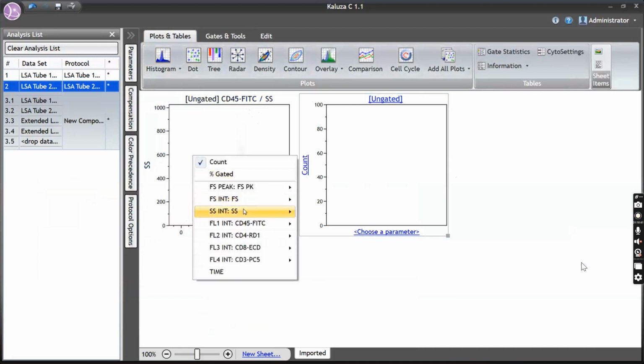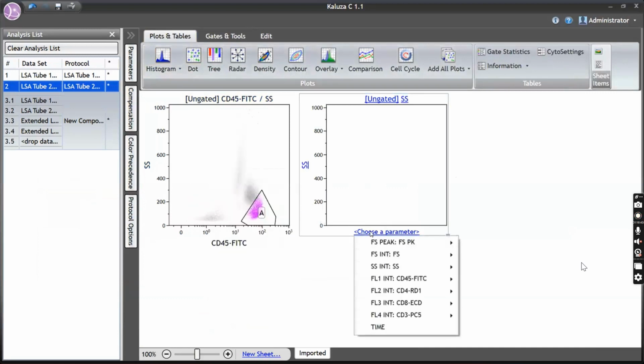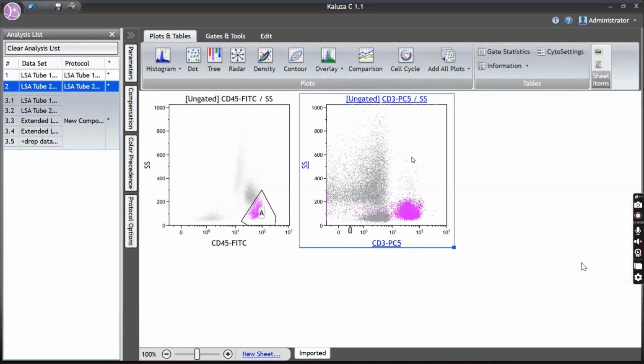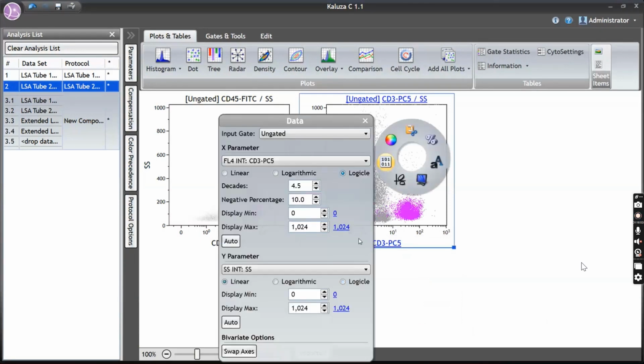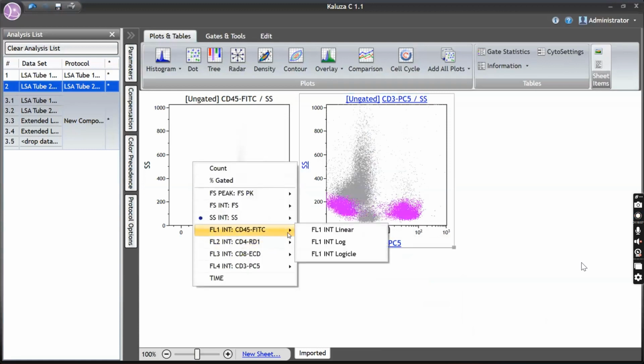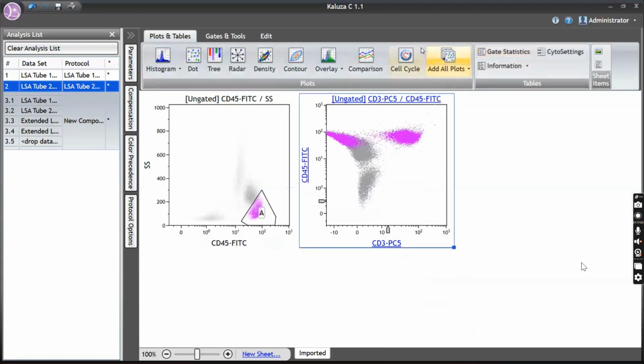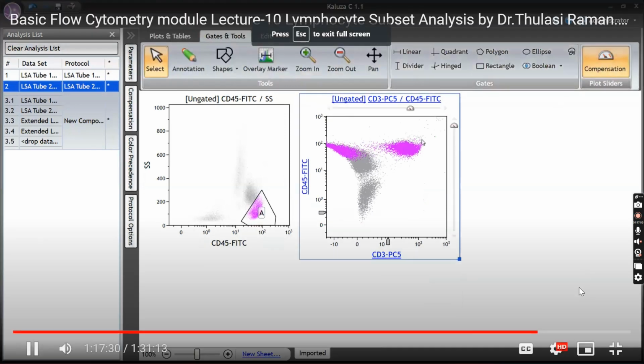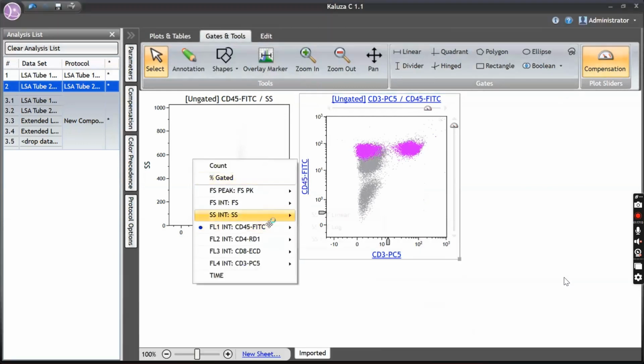You can also directly start without side scatter CD45, since in this particular tube you want to check only CD4 and CD8; you can directly gate across side scatter versus CD3. So there is compensation. Now gate it.